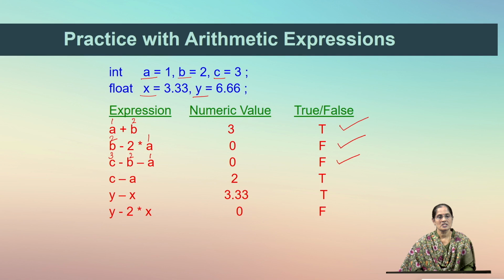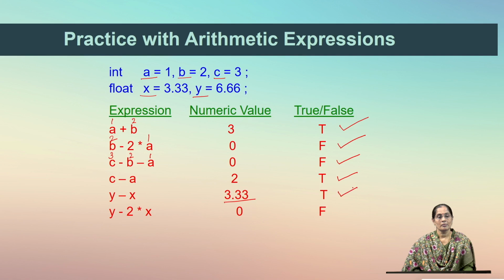Then the expression is C minus A. C's value is 3 and A's value is 1, so we get the value 2 and it is true. Then y minus x, where y and x are both floating point values. The value of y is 6.66 and x is 3.33, so on subtraction we get 3.33 as a result.